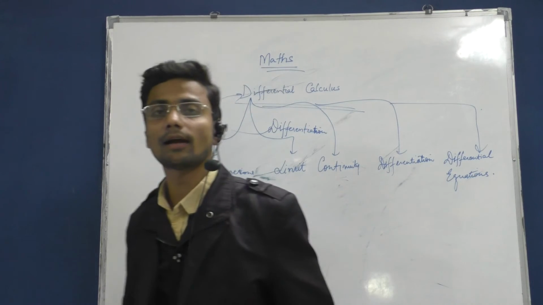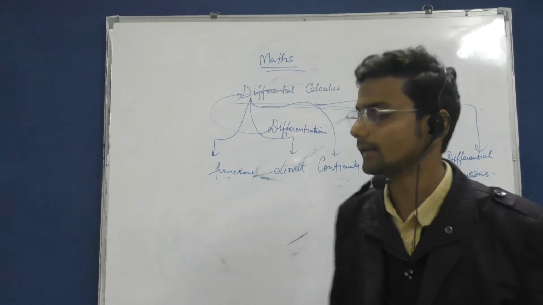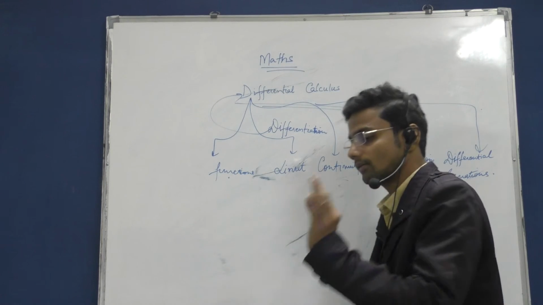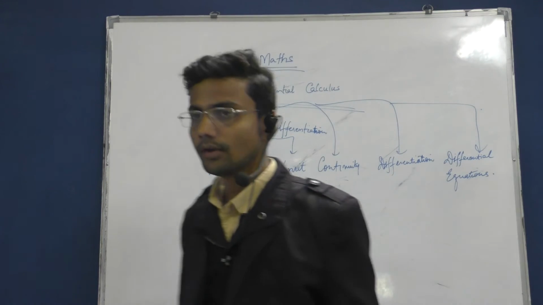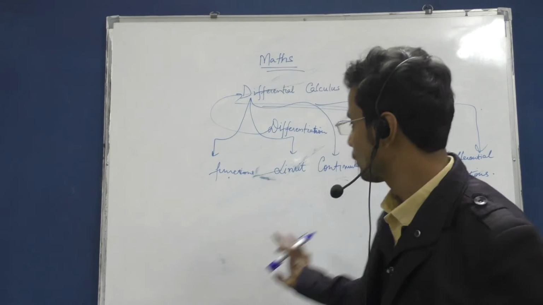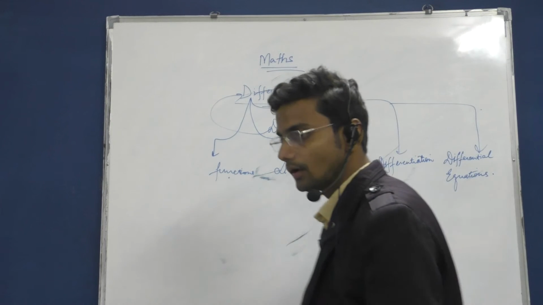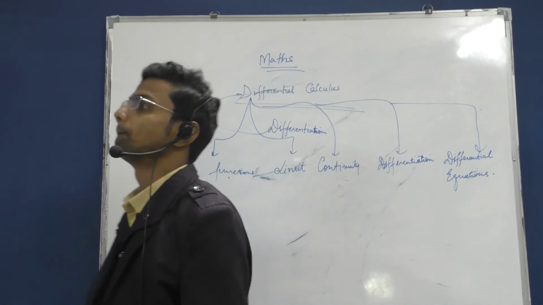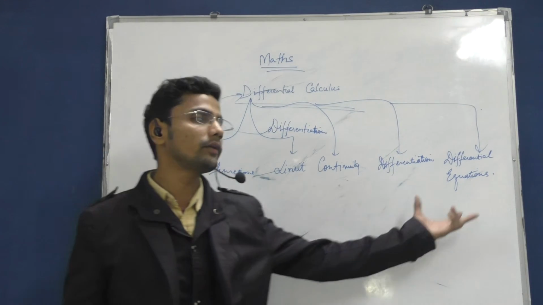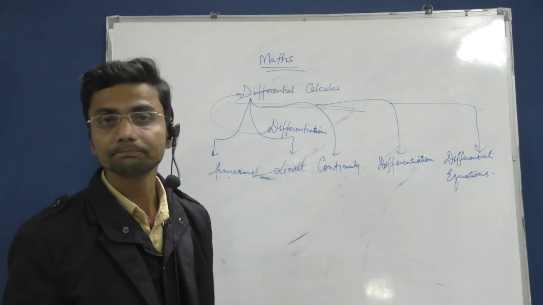Once a function is continuous and its neighborhood exists, we say that, yeah, now this function is differentiable. That is, you can differentiate a given function. Now, when this function is differentiable, that means now you can make some equations out of a given differentiation.